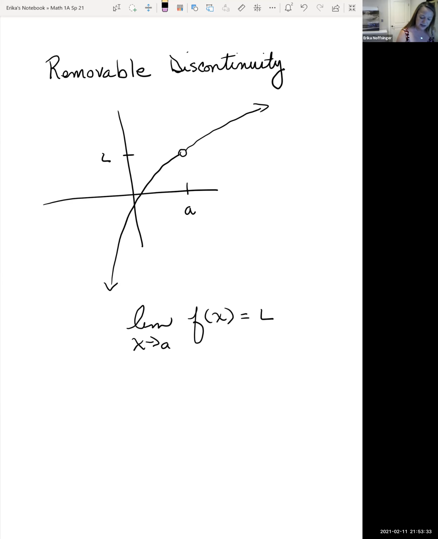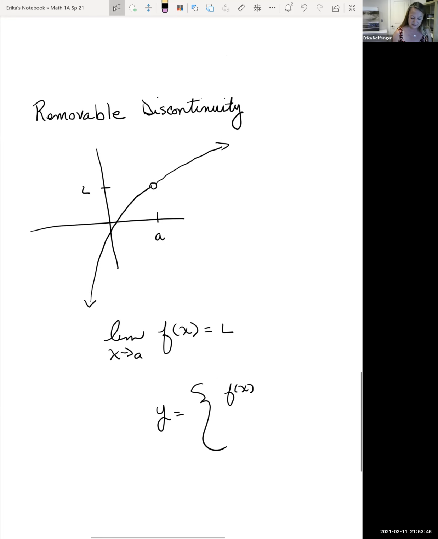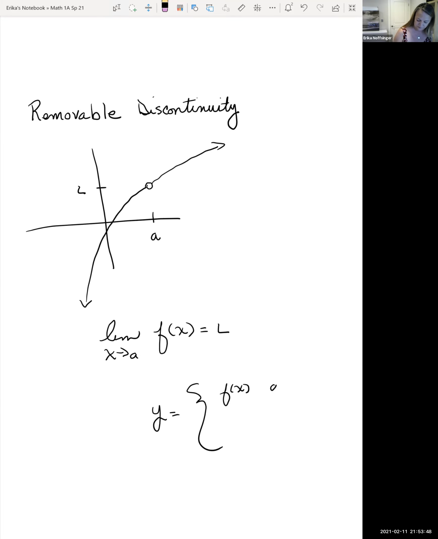But if we now say, okay, let's define our function to be equal to this function f of x at all values of x except for a. And then at x equals a, we define it as a point.